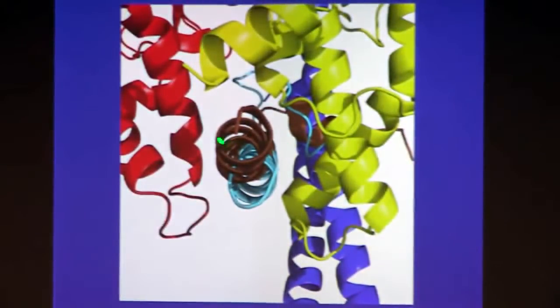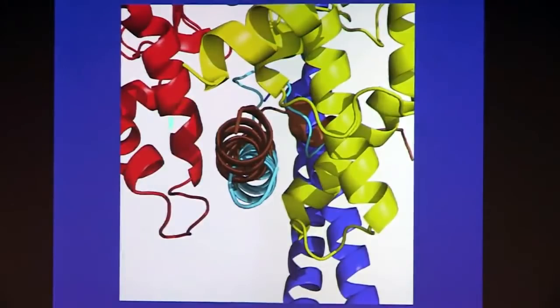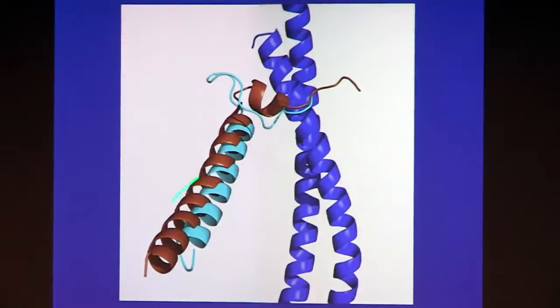Now, recently what we did was to do this. So initially we solved this inhibited complex using the bovine enzyme, where the inhibitor is in brown. And recently we solved the yeast enzyme with its inhibitor bound, very similar in sequence. We found it bound in a similar position, but they didn't bind in exactly the same way. And you can see that here.